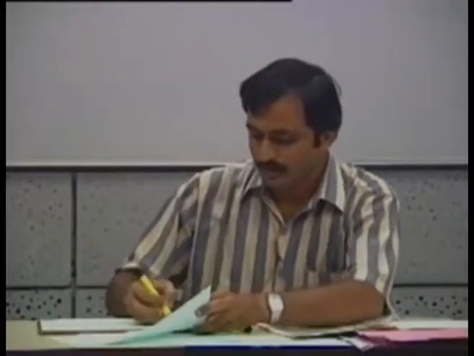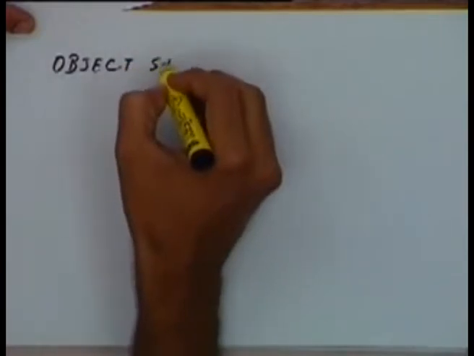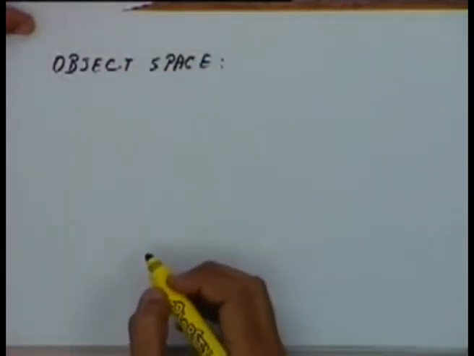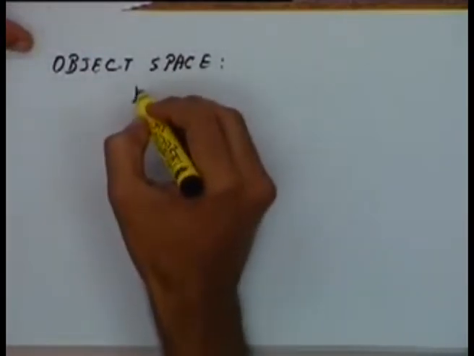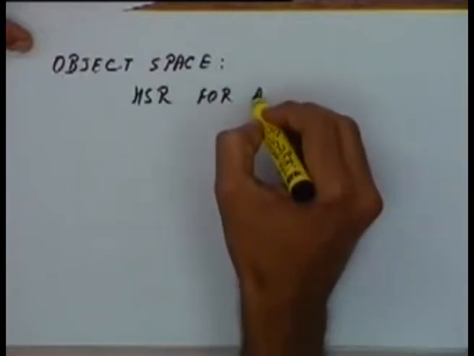So an algorithm which is operating in object space will do hidden surface removal for all objects.